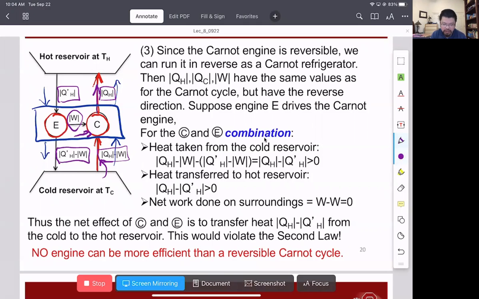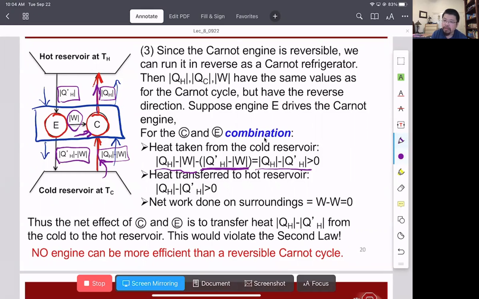If we try to take a look at these two relative values at one end, if we look at the cold reservoir, we are going to add the two values together. That is the one from the reversible Carnot cycle. That is the one as the input into the cold reservoir. And if we just cancel this work, then we are going to receive QH minus QH prime, right?